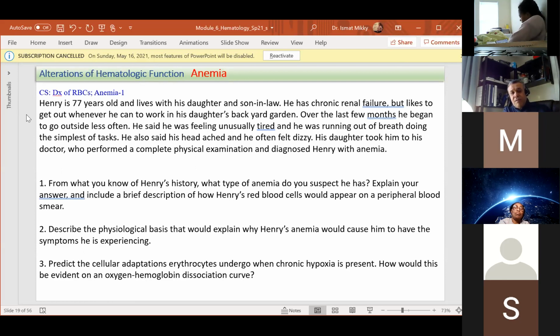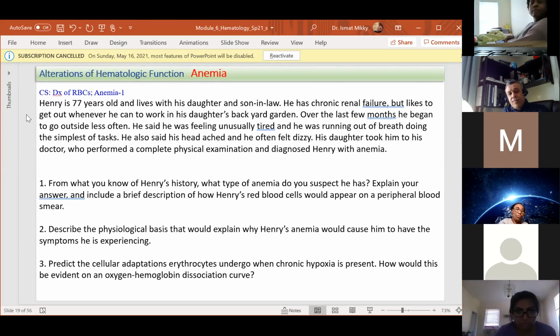So why is this patient developing this anemia? An answer? Chronic renal failure, anemia. What's the association between these two?